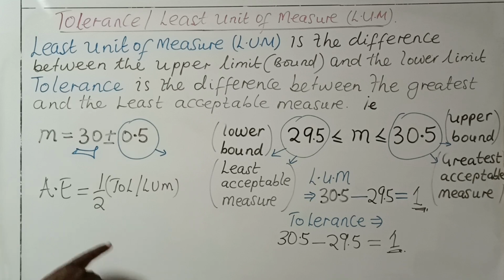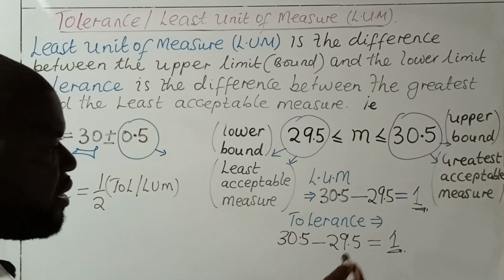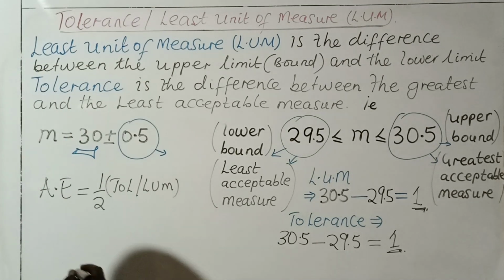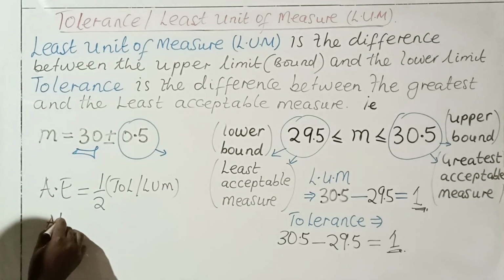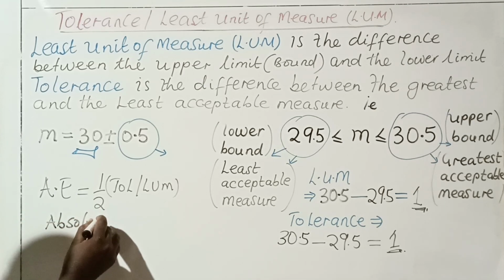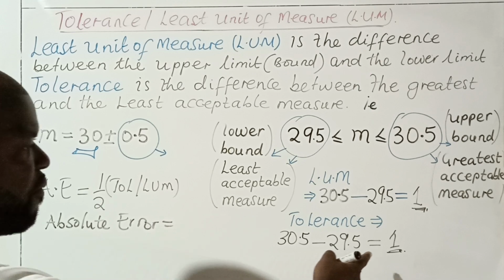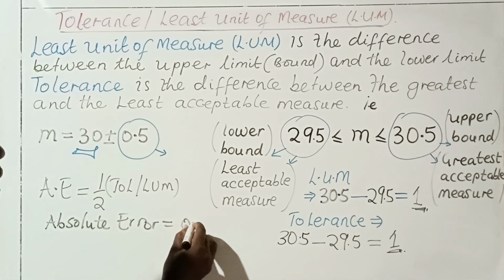So we can use this relationship to get the absolute error when we know the tolerance. Since the tolerance is 1, half of the tolerance will be our absolute error. So half of 1 is basically 0.5.